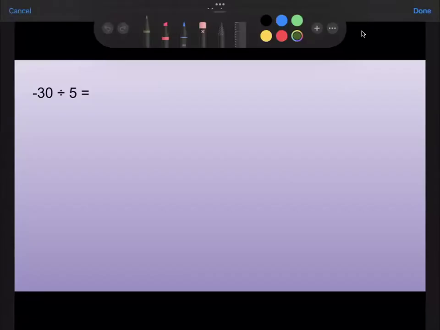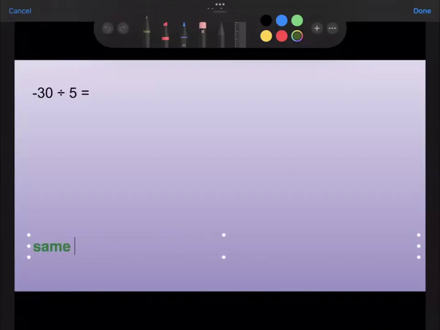Okay, here is our first example. We're going to be looking at how to divide -30 by 5. So let's talk about what the rules are for multiplying and dividing with integers. I'm going to type those down here. The rules for multiplying and dividing are the same.